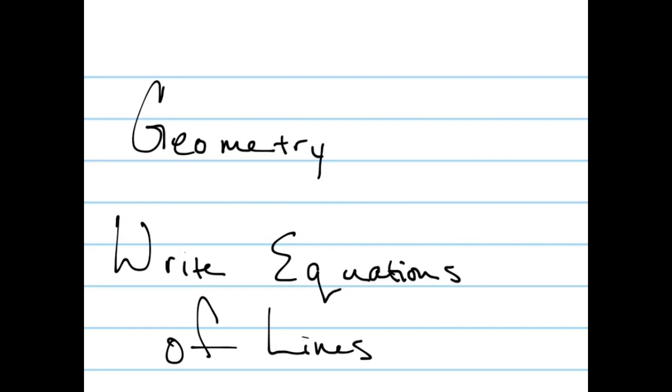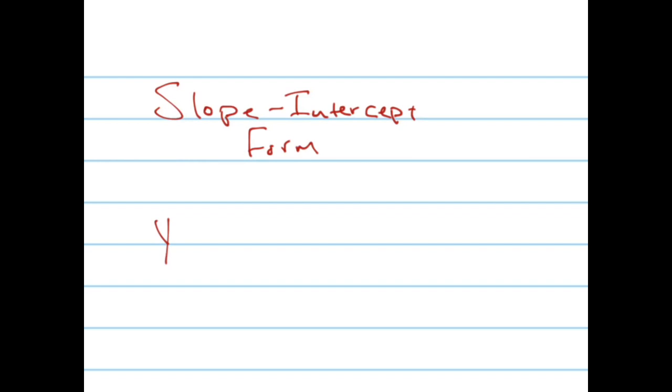So today we're taking graphs of lines and we're finding an equation in slope-intercept form to fit them. Just in case you've forgotten from Algebra 1, slope-intercept form of the equation of a line gives you the slope and the vertical intercept.